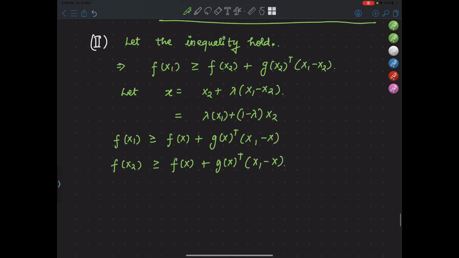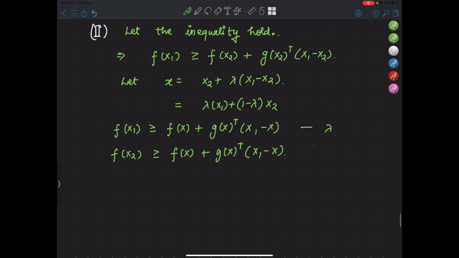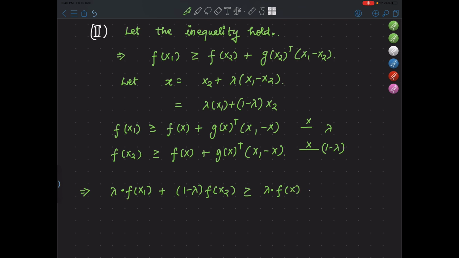We'll multiply this by lambda, this by 1 minus lambda, and because both are positive numbers, we can add them together without changing the sign of the inequality, which means lambda times f(x1) plus (1 minus lambda) times f(x2) is greater than or equal to lambda times f(x) plus lambda times g(x) transpose (x1 minus x) plus (1 minus lambda) times f(x) plus (1 minus lambda) times g(x) transpose (x2 minus x).